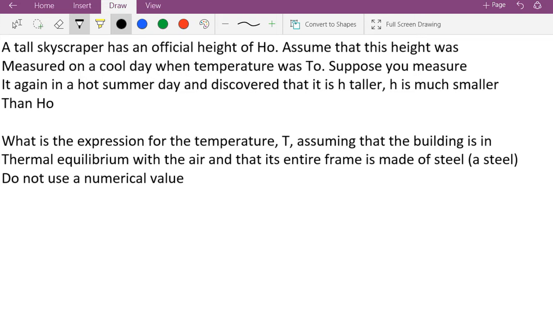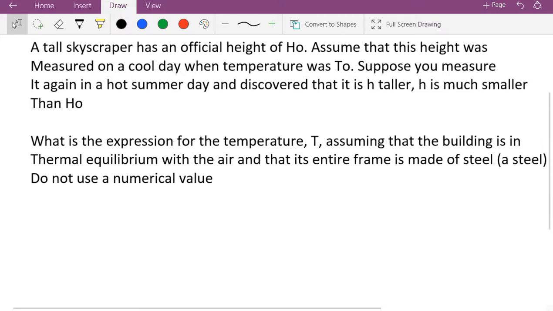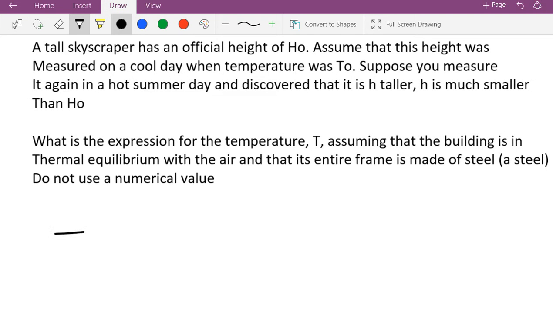So thermal expansion is going to be delta L equals alpha times length. Delta L is the change in length.